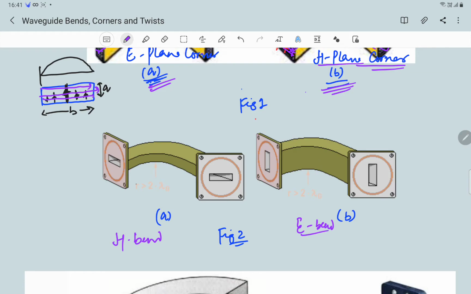An E-bend changes or distorts the E field of the propagating signal.